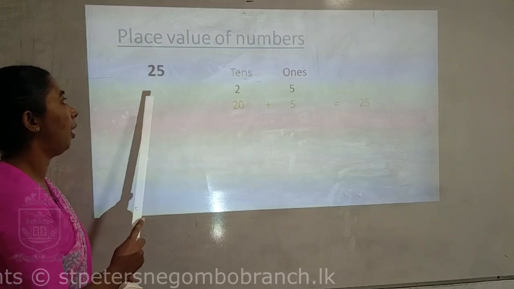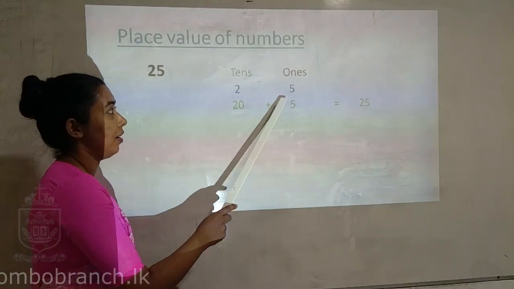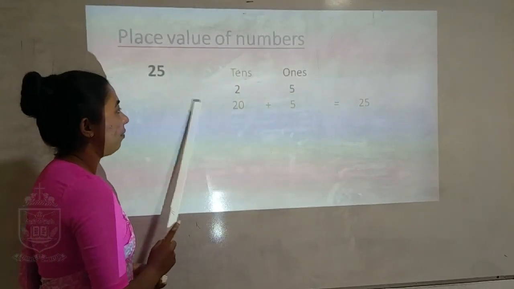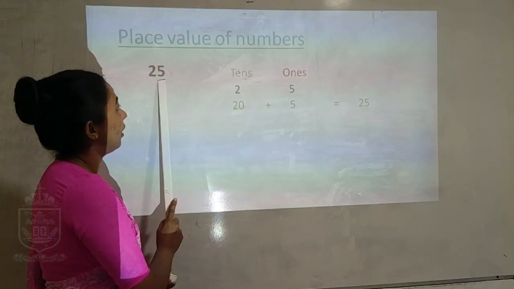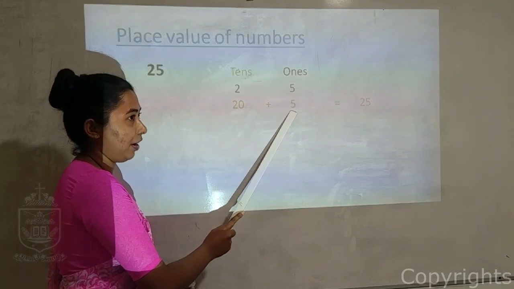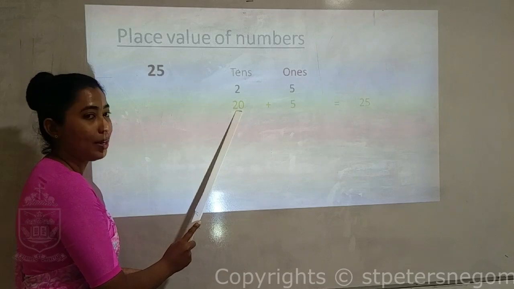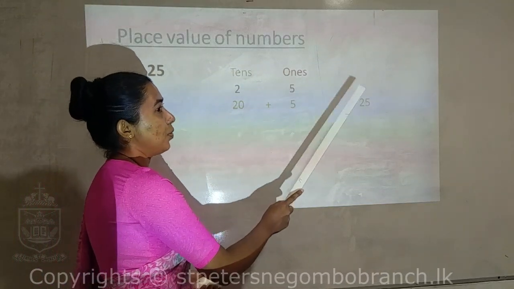You all know number 25 is a 2-digit number, so it has ones and tens. In number 25, there are 5 ones as we learned before, and there are 2 tens. The value of 5 is 5 and the value of 2 tens is 20. So 20 plus 5 becomes 25.